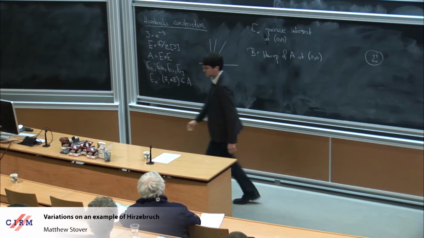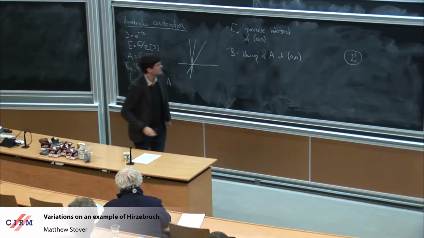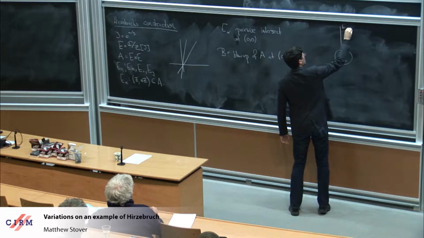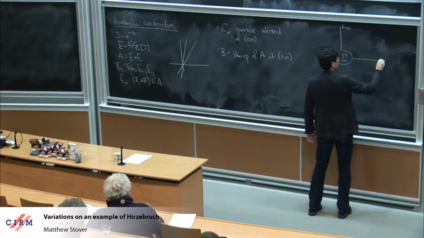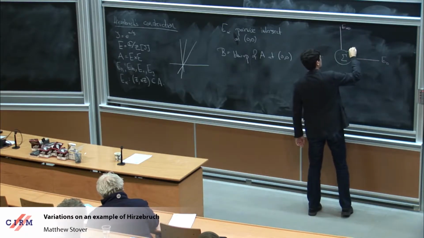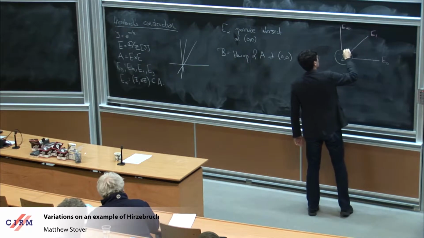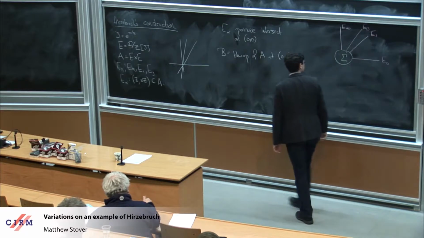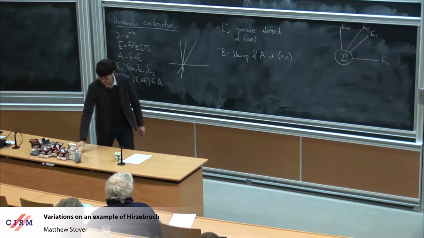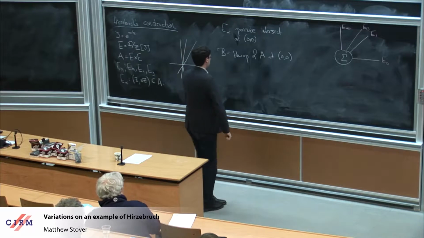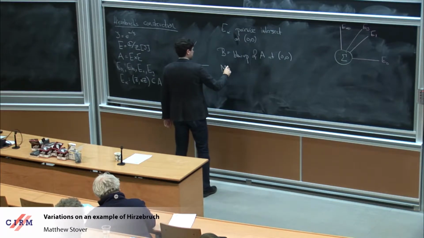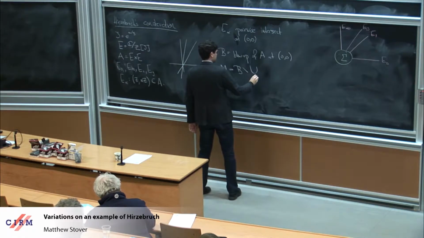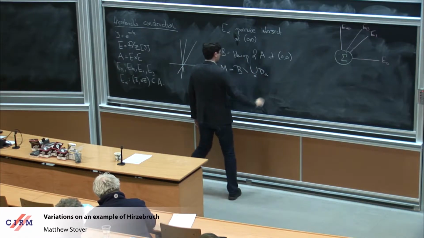So we'll have the exceptional P1, and then we'll have our curves E infinity, E0, E1, and E zeta. And then you take M to be B minus the union of the D alphas.